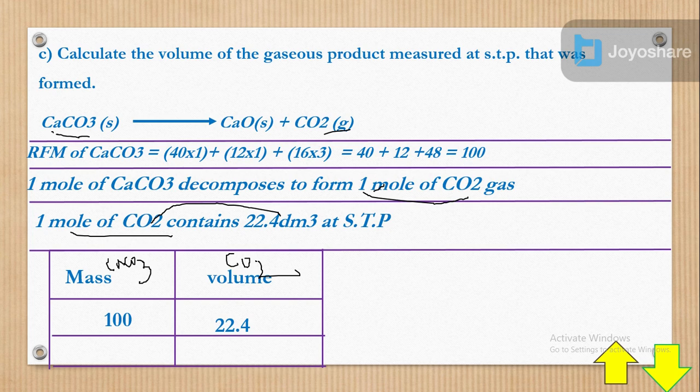What about 25? It will produce how many? This side is a question mark. Let's now calculate. The calculation goes this times that, so that will be 22.4 times 25, divided by 100. That's what is meant to be done here in simple terms. Let's see.